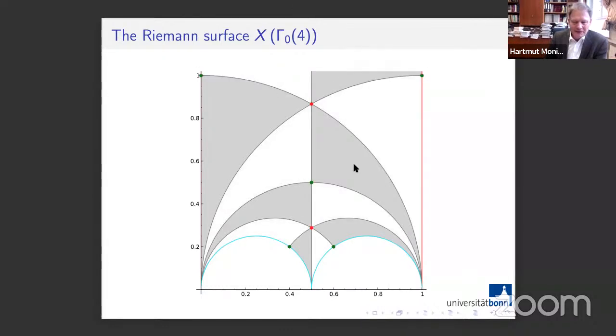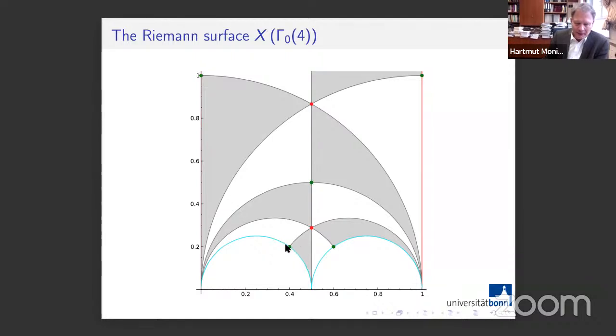And this is the Stedicam tessellation, where you can see the copies of the fundamental domain of SL(2,Z), and the elliptic points, the red ones, the elliptic points of order 3, and the green ones, the elliptic points of order 2. You can see the copies of the elliptic points of the original fundamental domain in this cover.